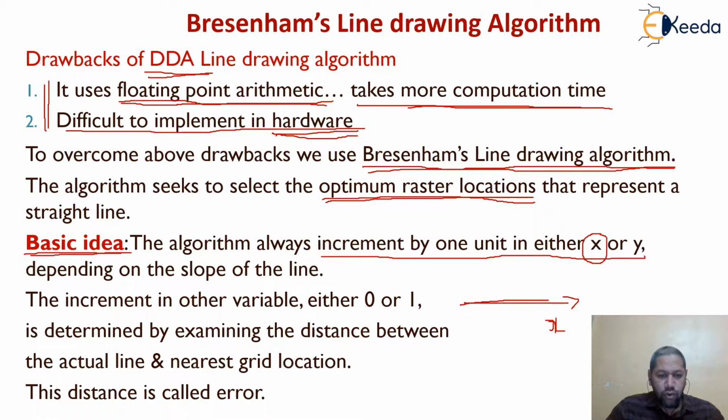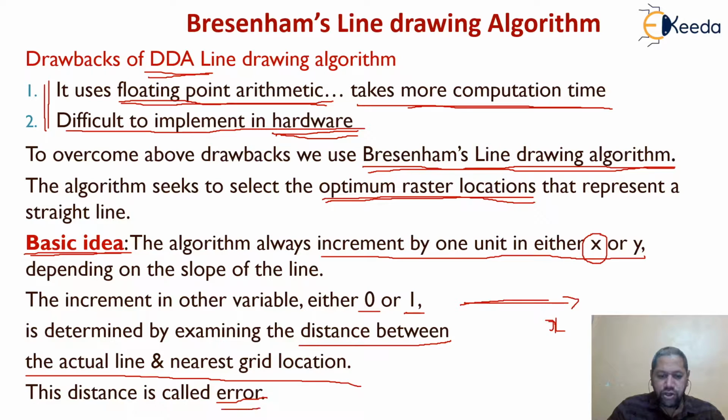Depending upon the slope of the line, whether I have to increment the other variable by 0 or 1 is determined by finding the distance between the actual line and the nearest grid location. Here Bresenham's algorithm suggested a new term, called the error term.